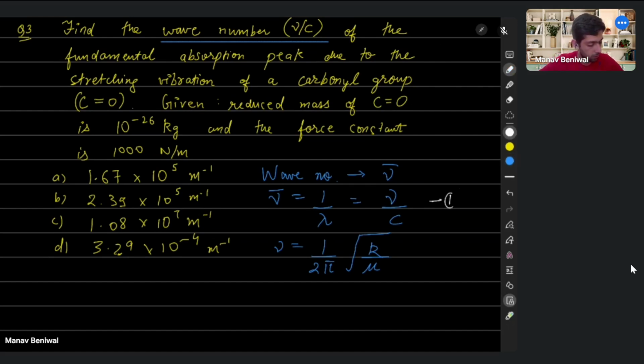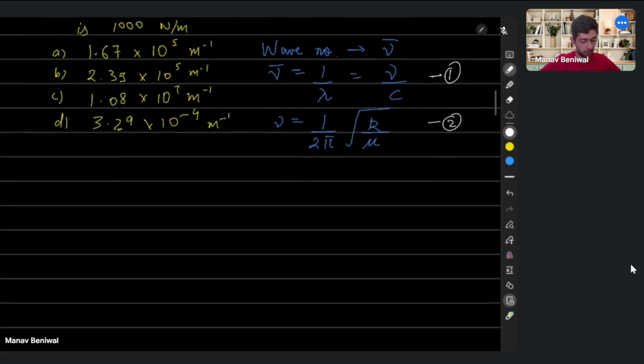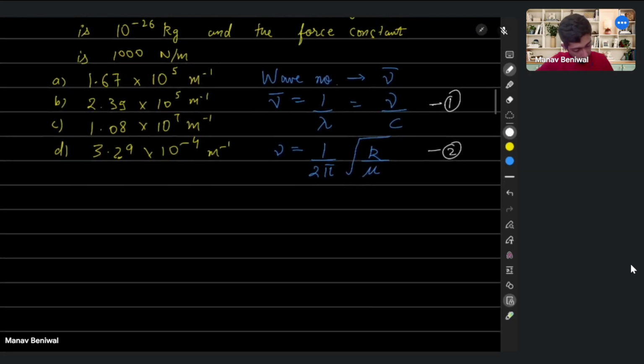This is equation 1, this is equation 2, and then we can simply write the wave number nu bar as nu by c, or 1 upon 2 pi c under root k by mu, where both k and mu are given to us.